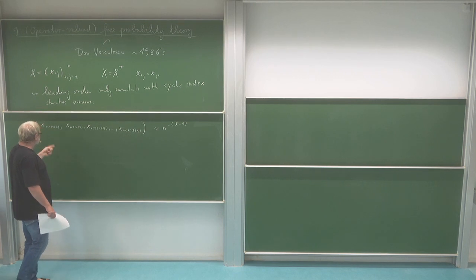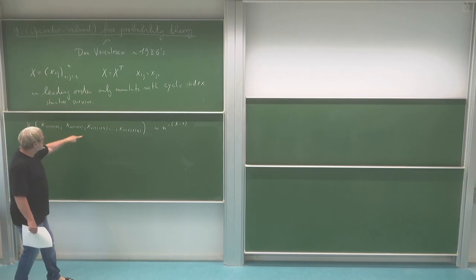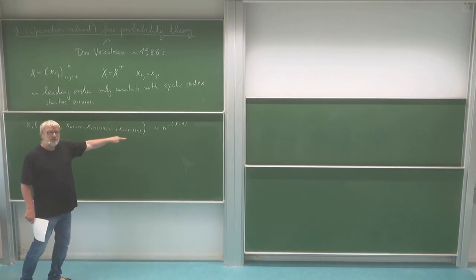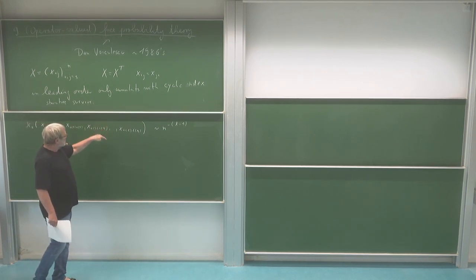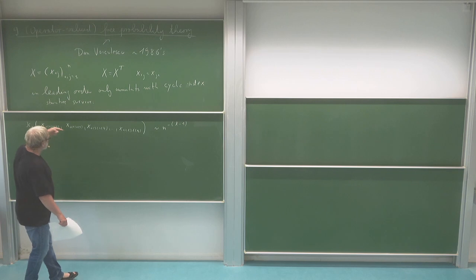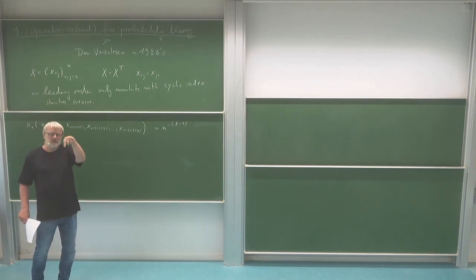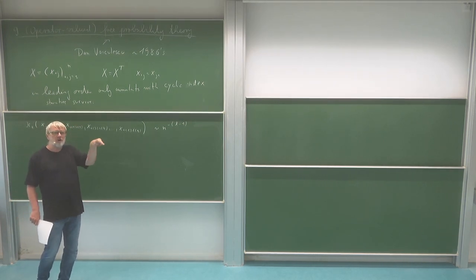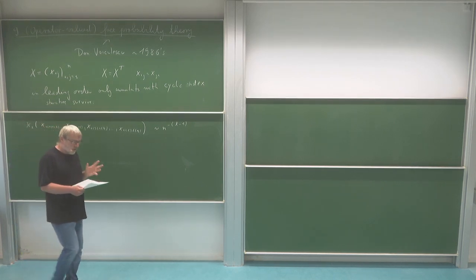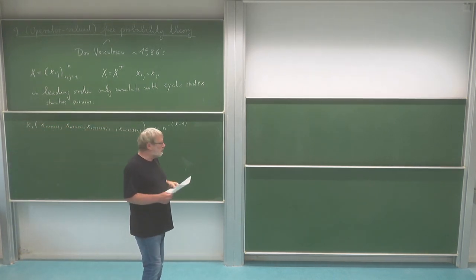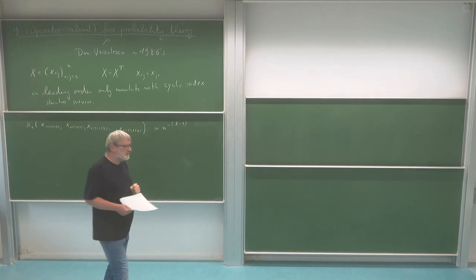More generally, this i2 must appear somewhere again as the first index of the next X, and then the second index of that one must appear again. So I find a cycle where I can go through all the indices.